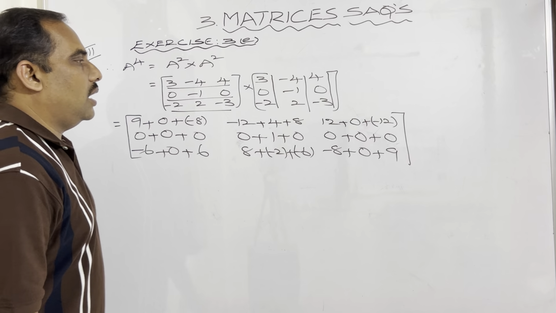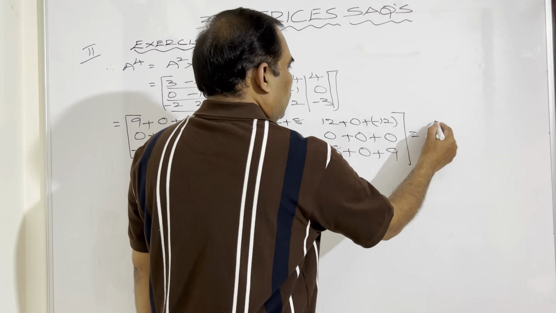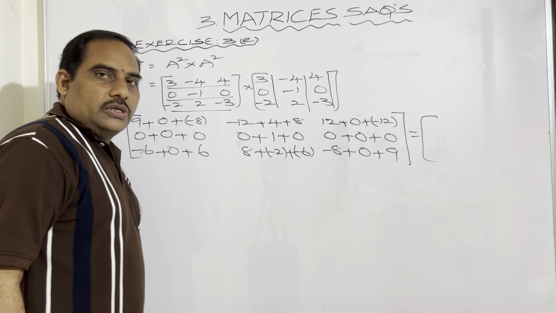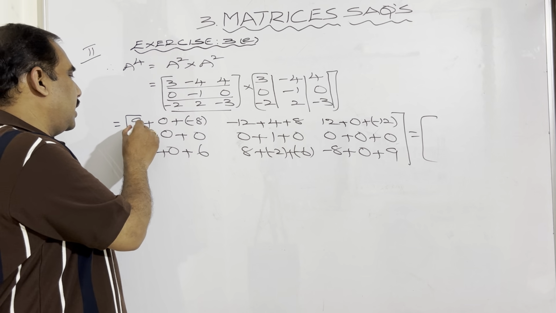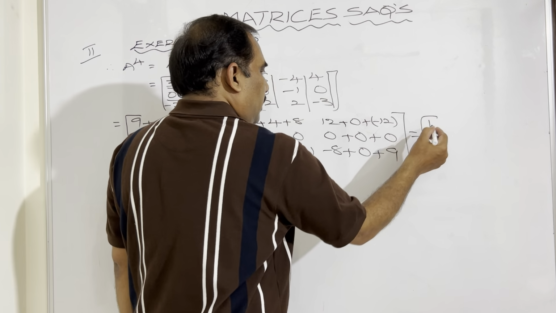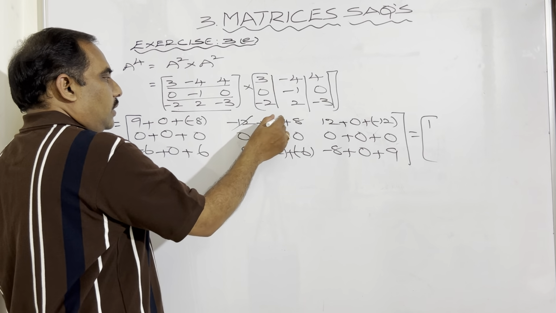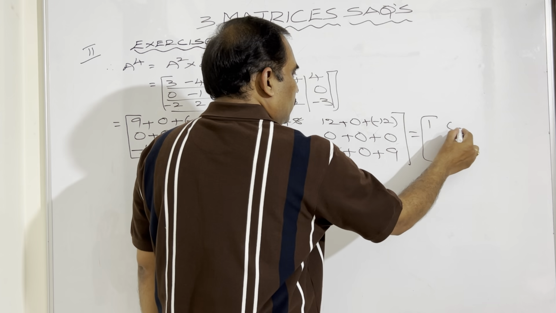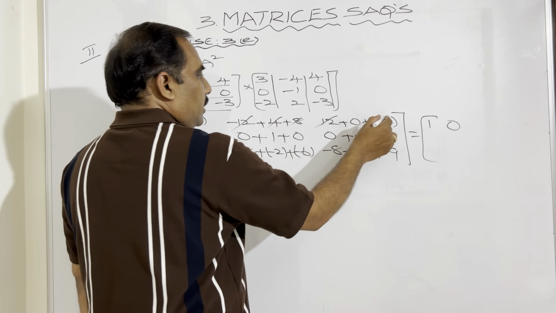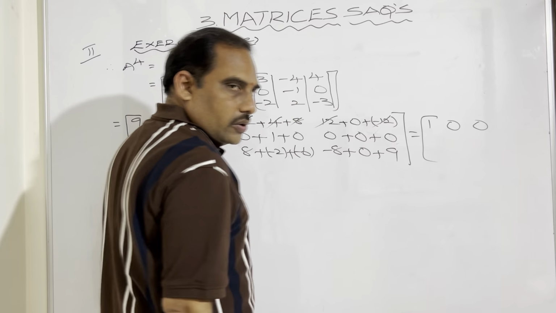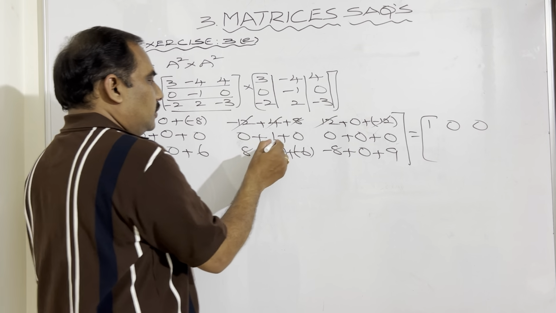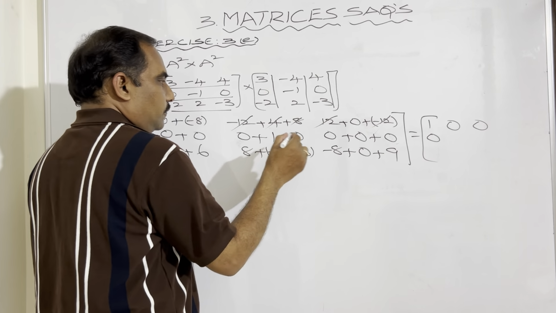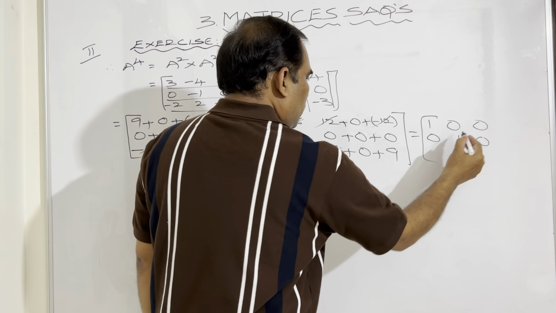See, observe here, A power 4 is equal to, we are getting here 9 minus 8 after simplifying, this is 1, and plus 12 minus 12 gets cancelled, this is 0, and plus 12 minus 12 gets cancelled, this is also 0, and here this is 0, and here this is 1, again here 0.